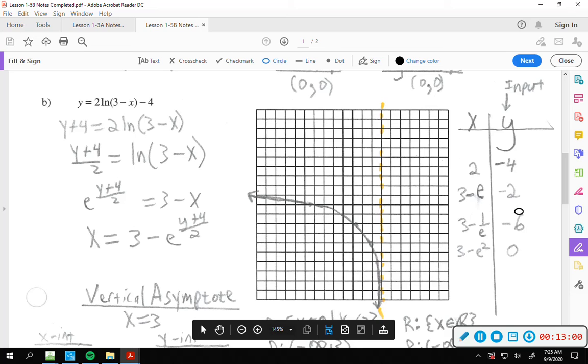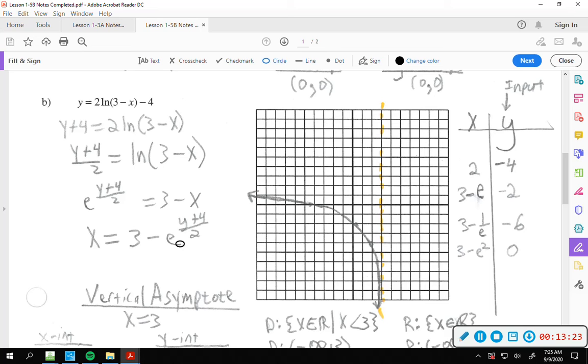But let's just look at a couple more. Okay? If I plugged in negative 6 for y, plus 4 is negative 2. Negative 2 divided by 2 is negative 1. e to the negative first power is 1 over e. It's some number between 1/2 and 1/3.